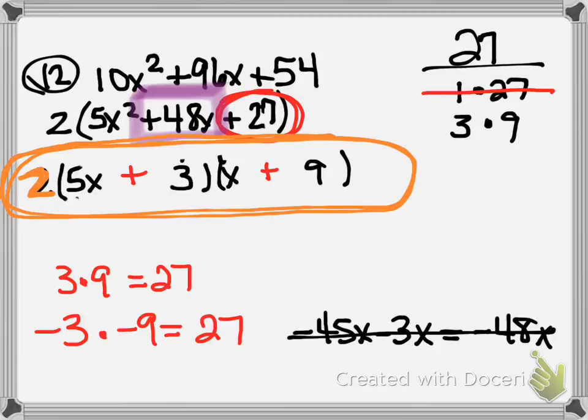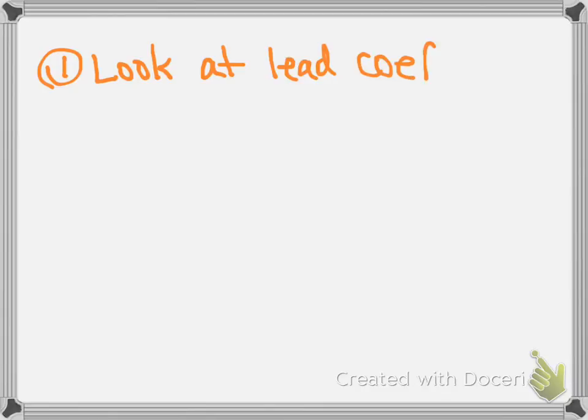So when you're factoring quadratics, your first thought is to look for a common factor if you have a lead coefficient that is not 1. If it's 1, it's usually pretty easy to factor.